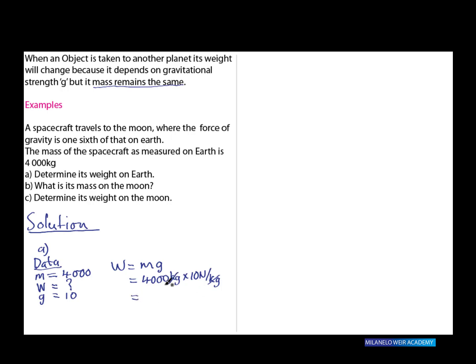What am I left with? 4,000 times 10, that is 40,000. 40,000 what? Here is the unit which has been left out when we cancel kgs, which is Newton. So the weight for the spacecraft as measured on Earth will be 40,000 Newton.